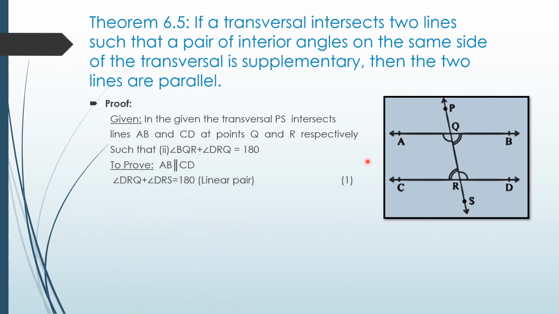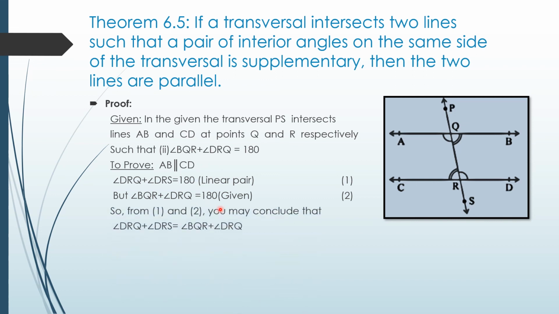Let's see how. First of all, we take angle DRQ plus DRS is equal to 180 degrees because PS is a straight line and ray RD stands on it. Also, we are given that BQR plus DRQ is equal to 180 degrees. Now, equating both the equations, we get DRQ plus DRS is equal to BQR plus DRQ, which gives DRS is equal to BQR.